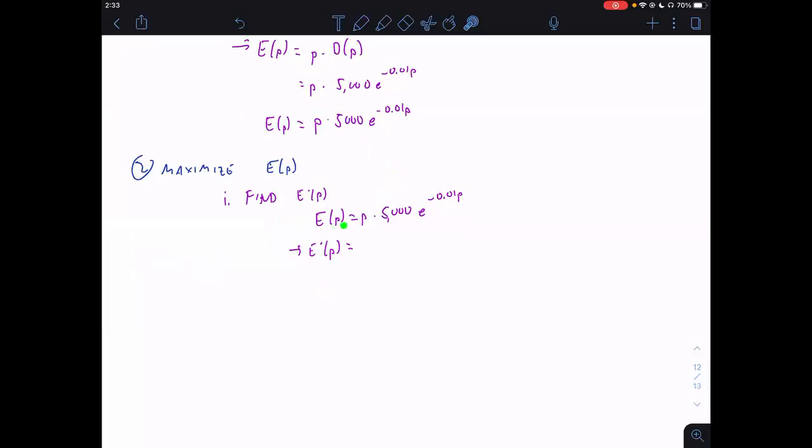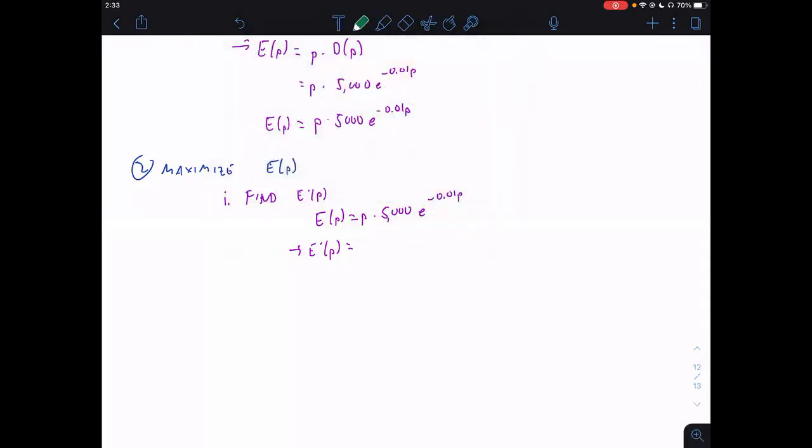Well, here we have a function of P. Right, our expenditure function is a function of P. And what do we have within this function? Two other functions of P multiplying one another. Which means then, to find the derivative of this expenditure, since we have a function of P multiplying another function of P, we have to use the product rule.